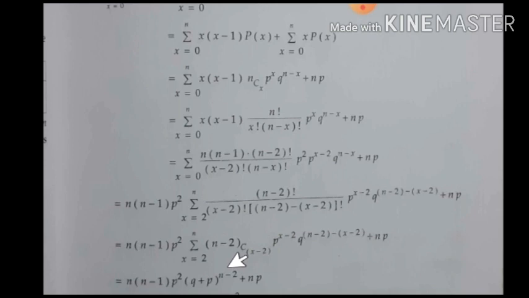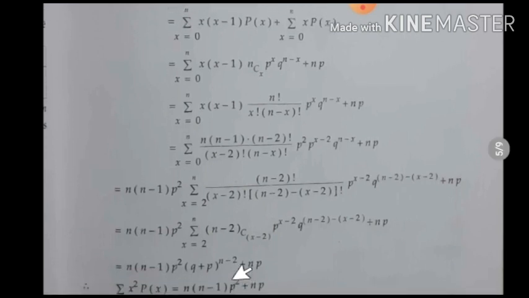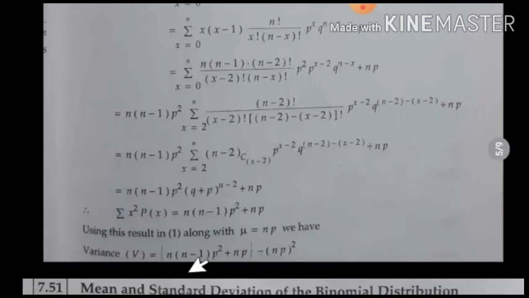In the same way as in the derivation of mean you got it as p plus q whole to the power of n minus 1. And we know p plus q is nothing but 1. So what is left out? n into n minus 1 into p square plus np is the answer of summation x square into p x.